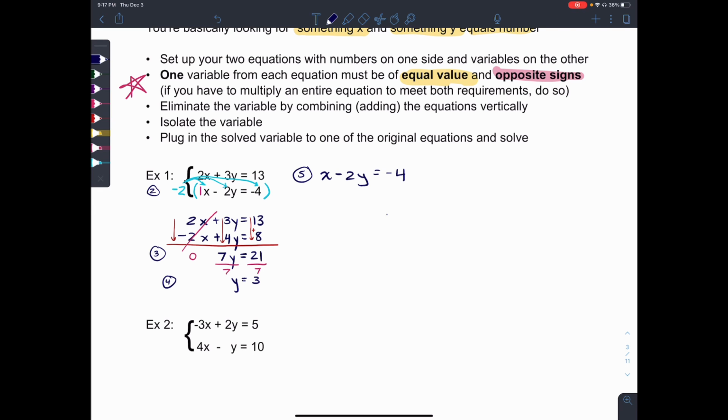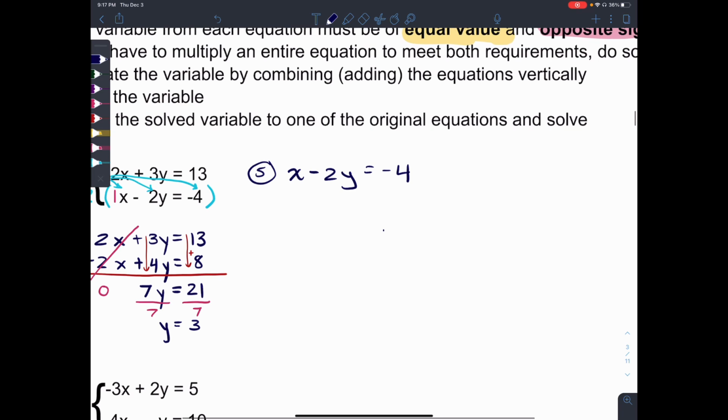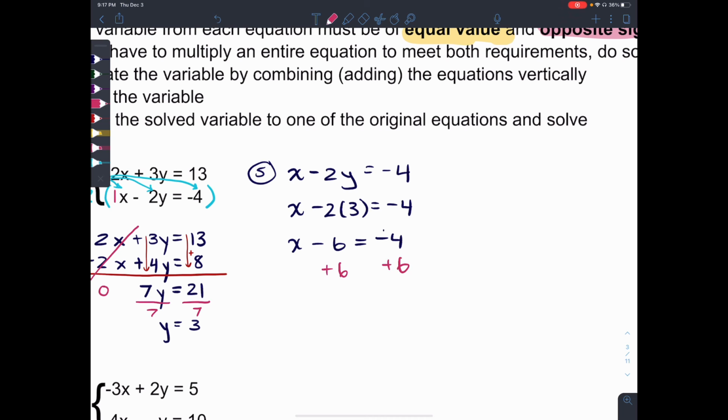You can use any one you want, the one after you multiply or before you multiply, it really doesn't matter. So here we get x minus 6 equals minus 4. So we will be adding 6 to each side to get rid of that subtraction. And we get x equals 2.